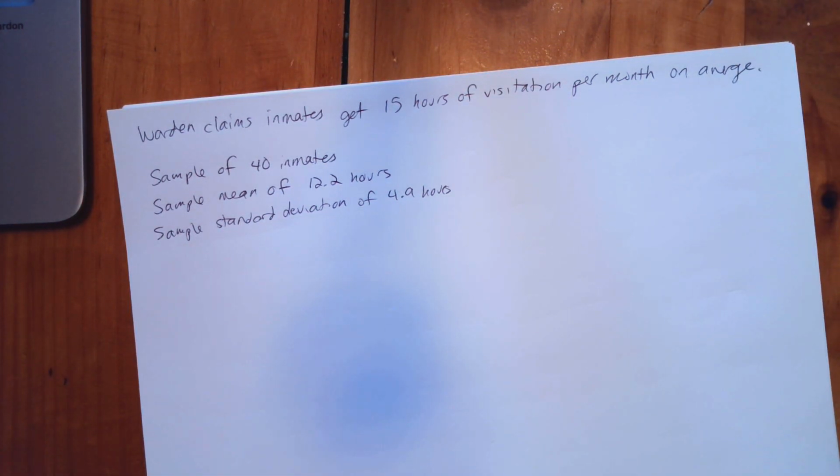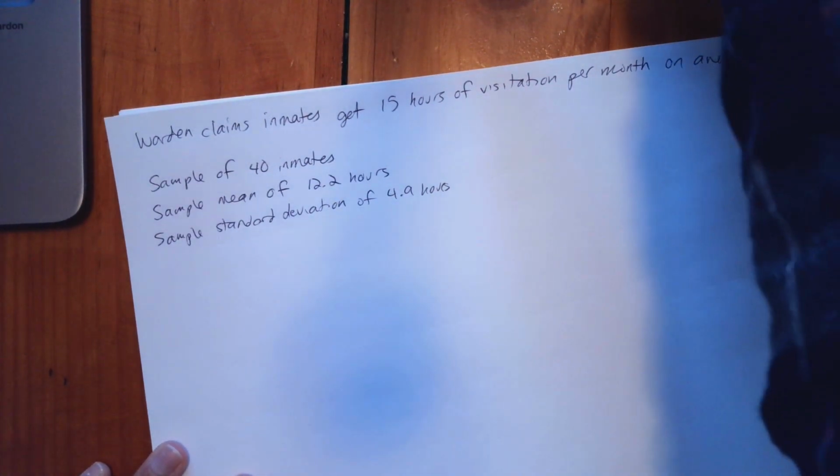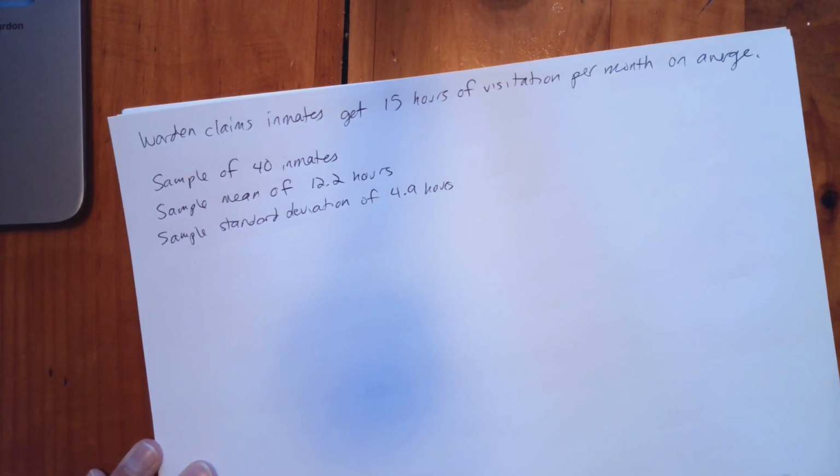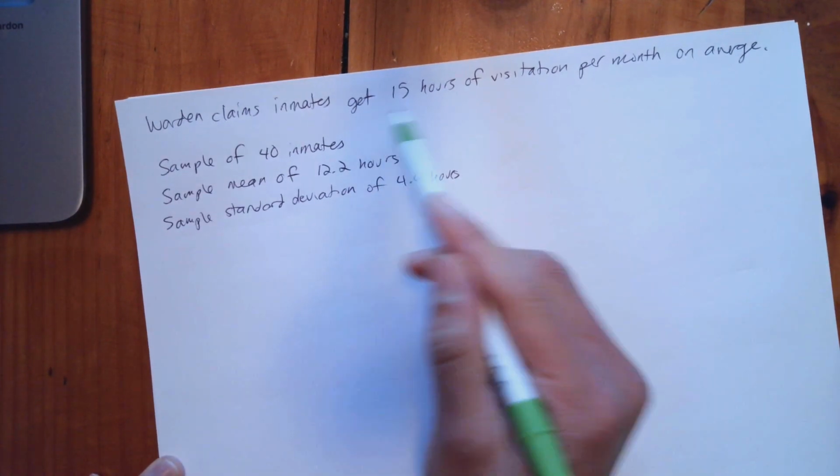So what we're looking at here is a statement about something that might be true in the population, as well as sample data that we can use to decide how likely it is that this statement is true.